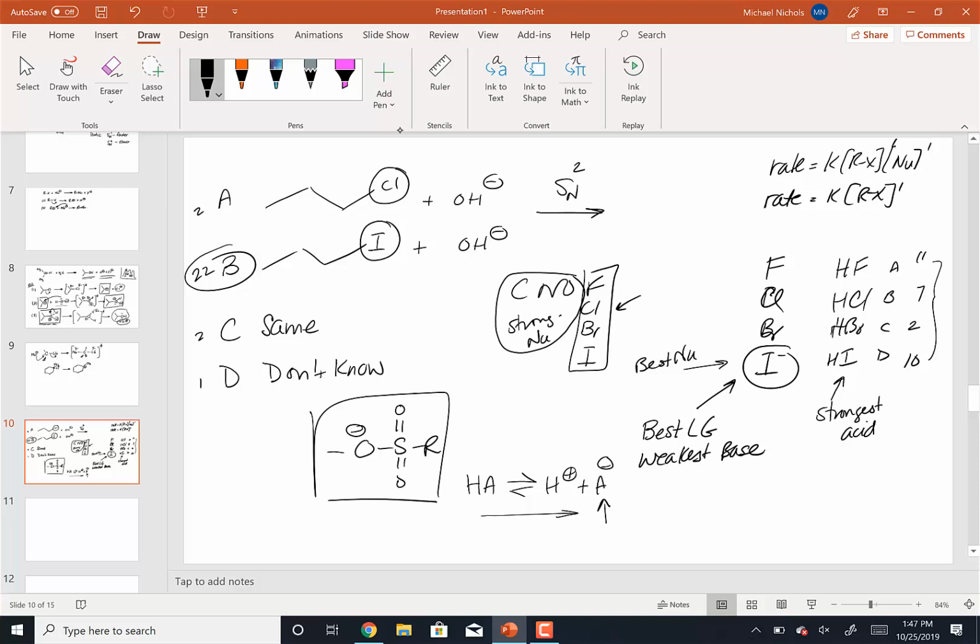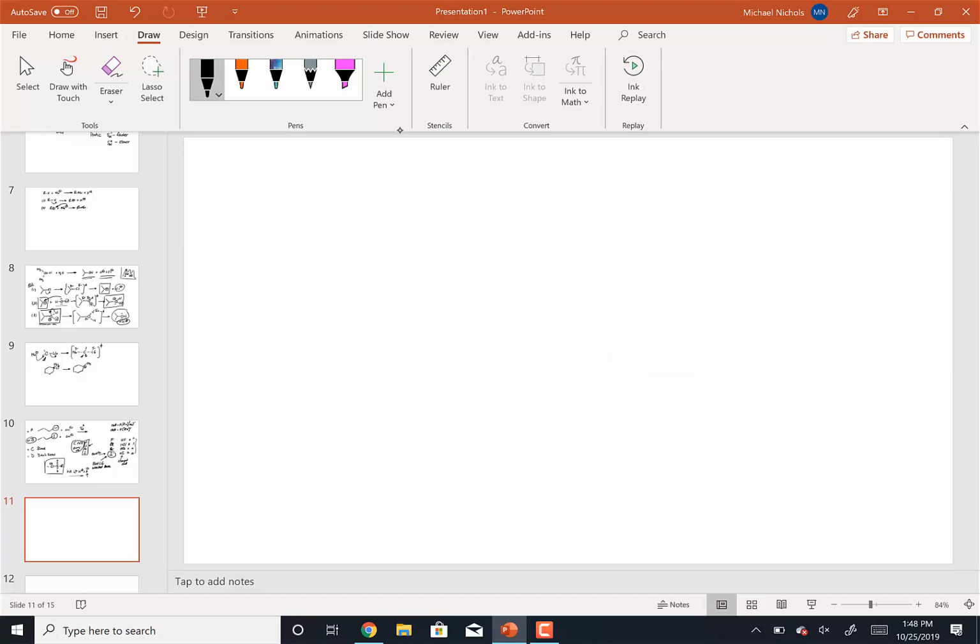Okay. Let me ask you one more question about these rates. Are we okay with this? The question I asked this morning was I put the same leaving group on there, but I had an OH minus versus an F minus. So it was the nucleophile strength. Or wait, no, that's this problem.